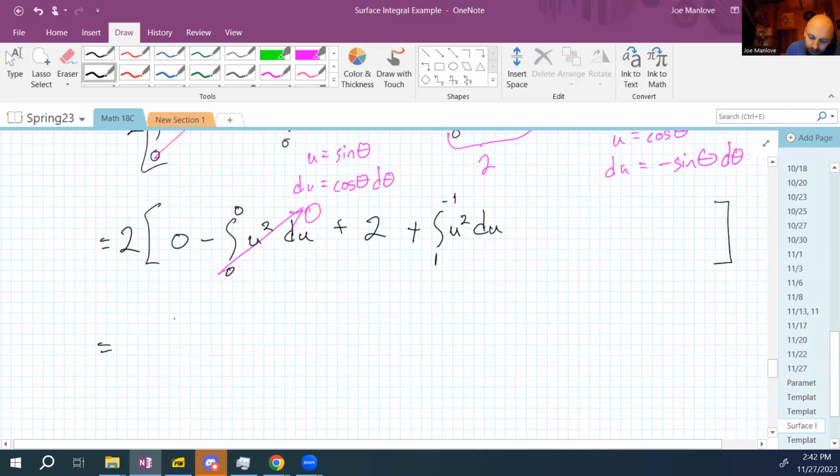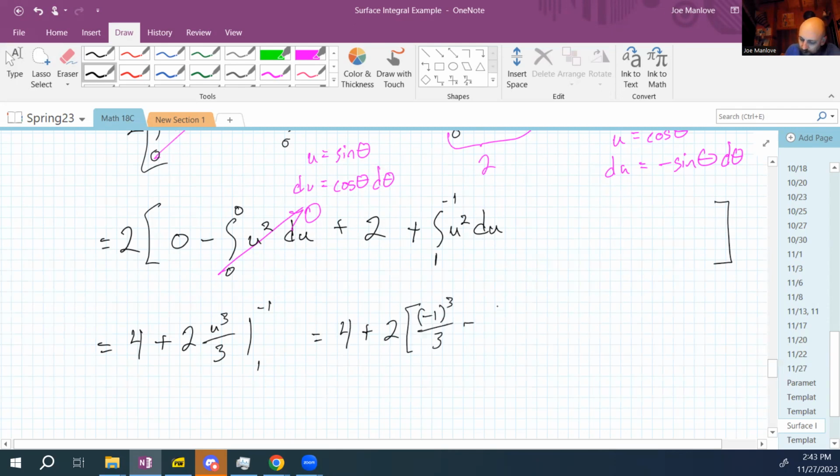Let's see. So all told here, I've got 4 plus 2 times u cubed over 3 evaluated from 1 to minus 1. That's kind of inconvenient. You might remember you could swap those and put a negative sign up front, or you can just remember how it works. So that's 4 plus 2 times (-1) cubed over 3 minus 1 cubed over 3.